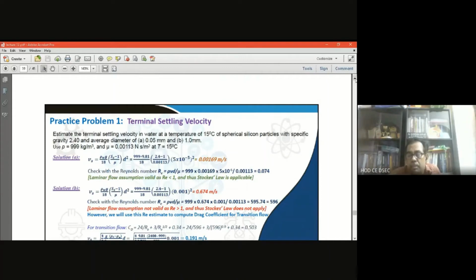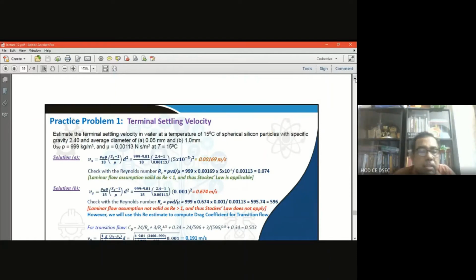So at 15 degrees centigrade, it is asked to calculate the settling velocity of a spherical silicon particle with specific gravity 2.4, and the average diameter of the particle in case A is given as 0.05 millimeter and in case B it is given as 1 millimeter.